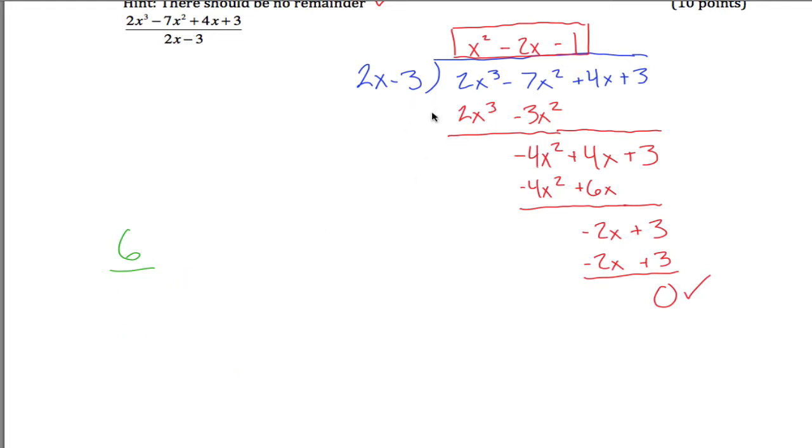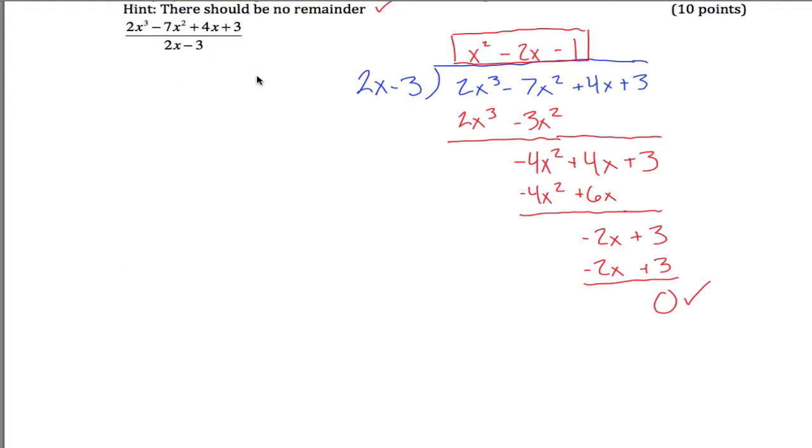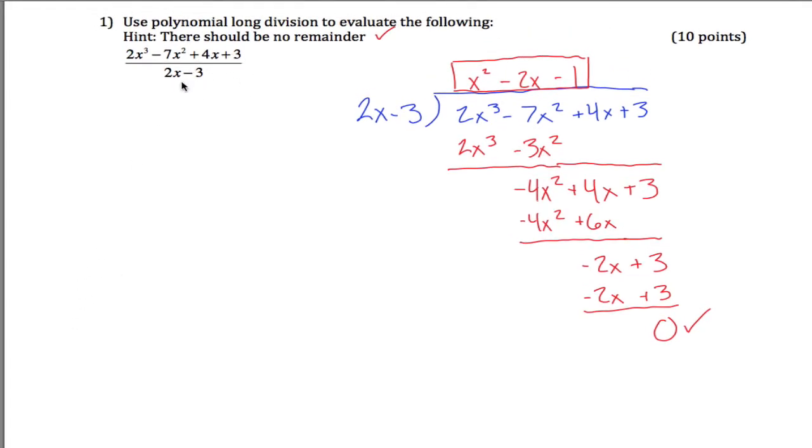What I'm proposing here, if I did everything right, I'm saying that 2x cubed minus 7x squared plus 4x plus 3 over 2x minus 3, this division problem, gives me this answer. 6 divided by 2 is 3. If that's true, the 2 times the 3 should be equal to the 6.